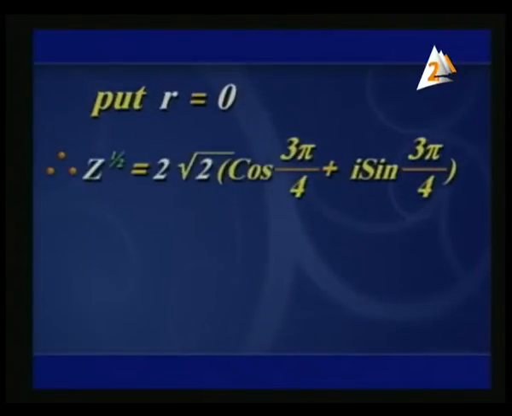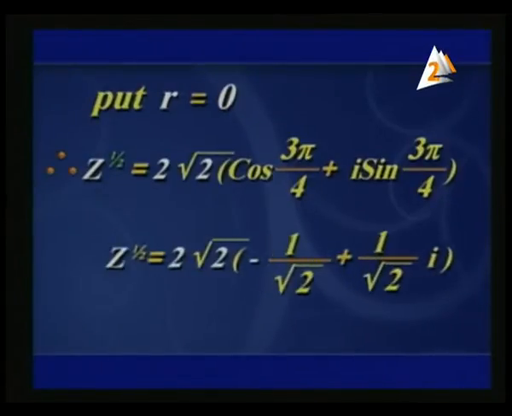Therefore, z to the power half equals 2 root 2 times cosine 3 pi over 4 plus i sine 3 pi over 4, equals 2 root 2 times negative 1 over root 2 plus 1 over root 2 i, equals negative 2 plus 2i.